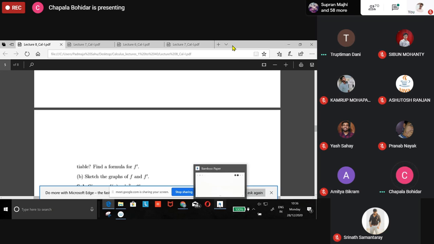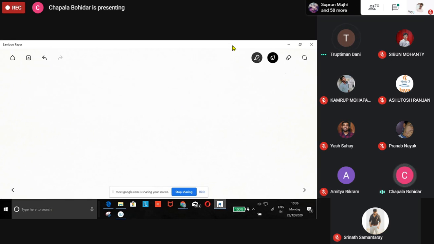So now, what is given is that f(x) is equal to the absolute value of x square minus 9. We have to find out when it is differentiable.